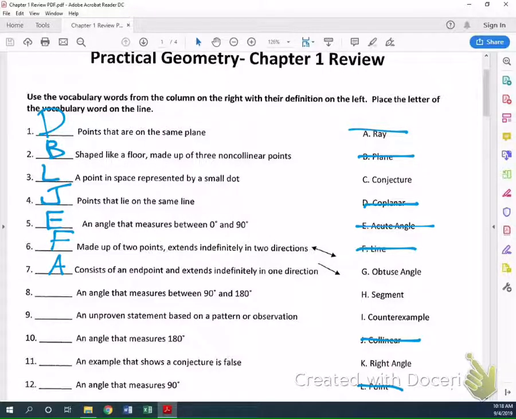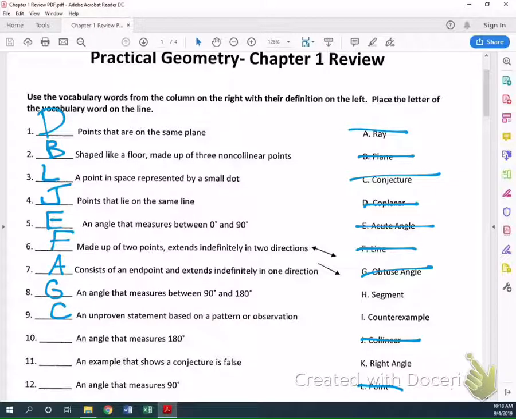There you go. Number 8, an angle that measures between 90 and 180. G, obtuse. Good. An unproven statement based on a pattern or observation. Conjecture. Good. C. If it measures exactly 180, what do we call that? A straight angle. What's the letter for straight?